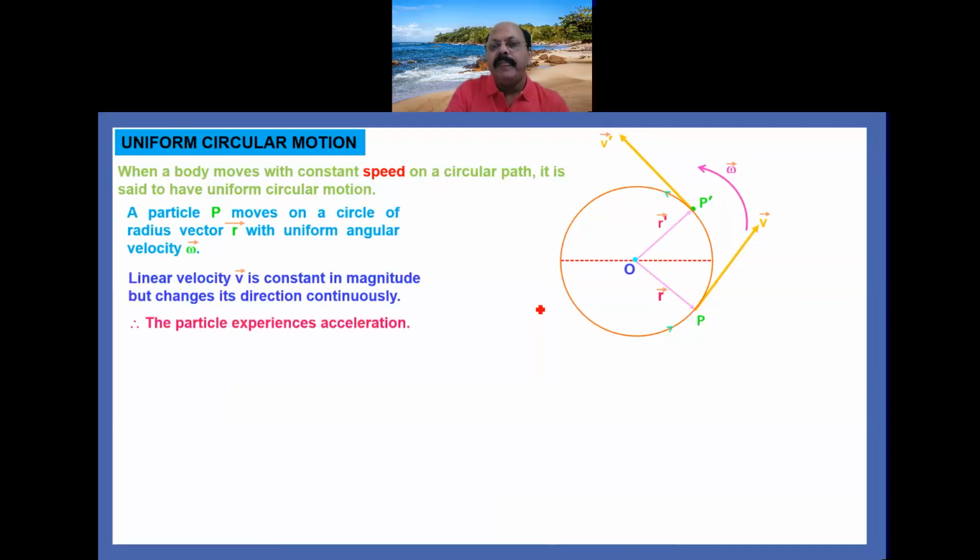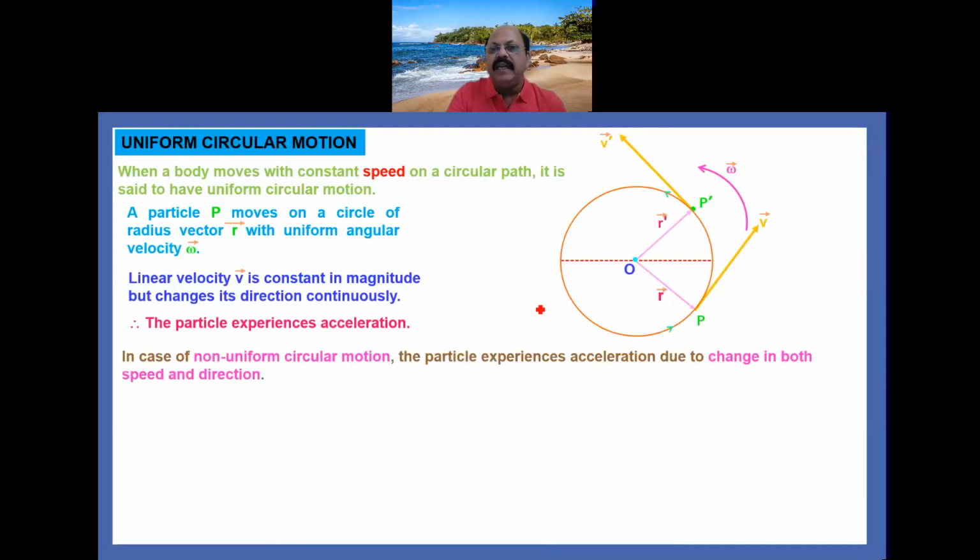And at that time, the position vector of point P is represented by r vector, and the position vector of the object at P dash is represented by r dash vector. So the linear velocity v vector is constant in magnitude but changes its direction continuously. Therefore, the particle experiences an acceleration.